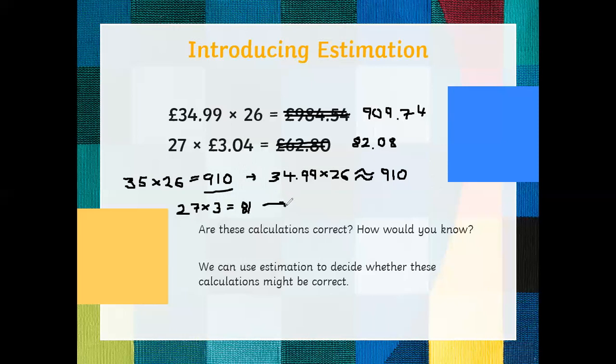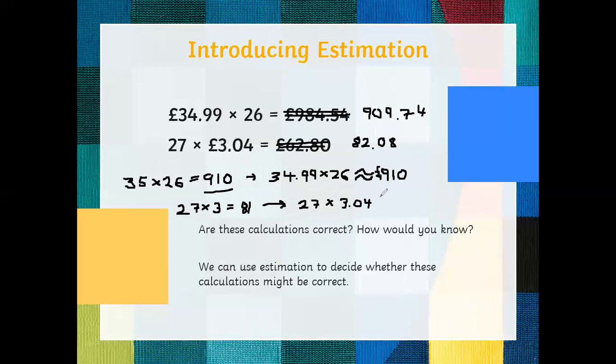And then that will mean that 27 times 3.04. These are pounds, these answers. So this will have the pound symbol.